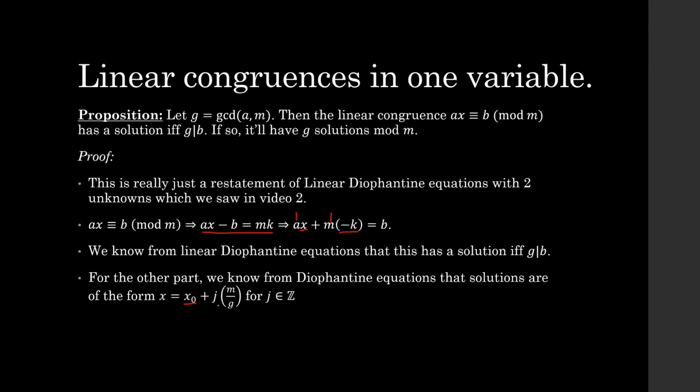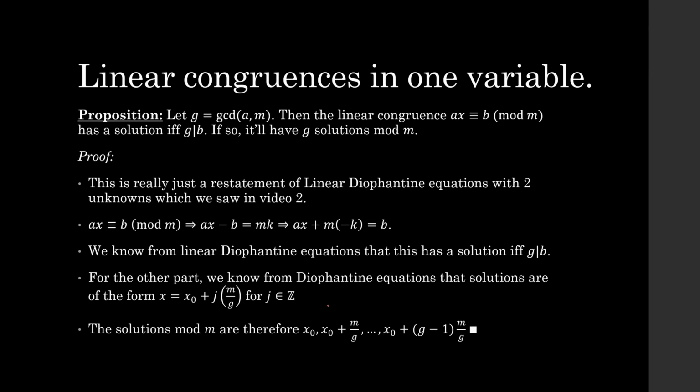And j can be any integer, ranging over the integers. This is an integer as well, because g is a divisor of m, since it's the greatest common divisor of a and m. So we're basically taking all the numbers that are a multiple of m over g away from x0, and that's going to be all the integers x that fulfill our equation.